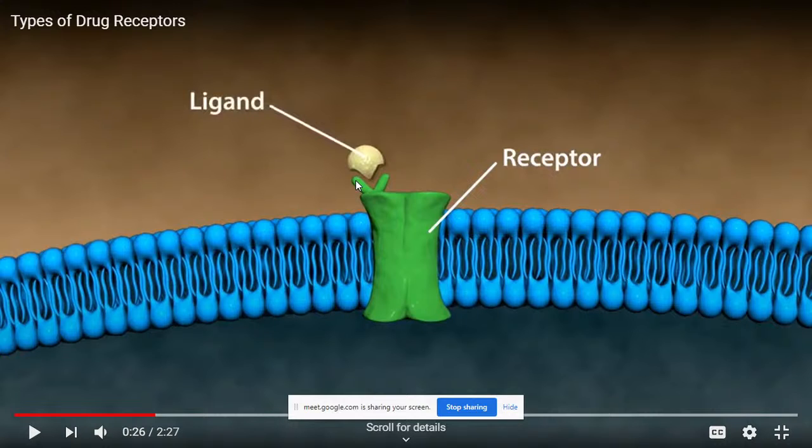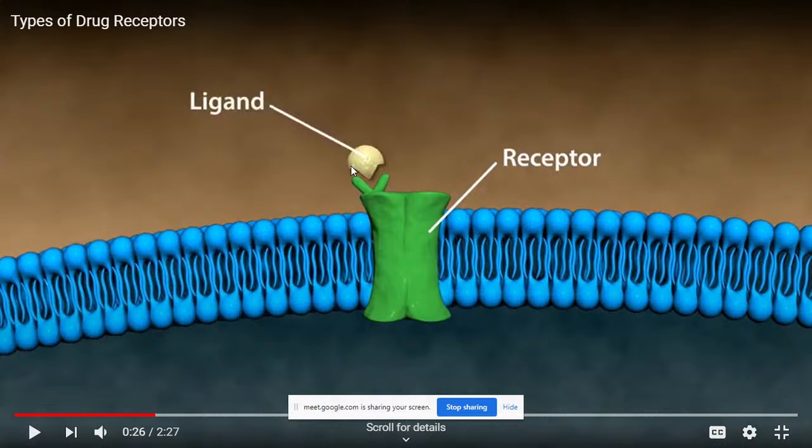Now every receptor has a binding site, and to this binding site the endogenous substance will bind. So here you can say this is a binding site, and this is the ligand. Ligands may be neurotransmitters, they may be hormones, they may be anything else which is present in your body. They all are called ligands.